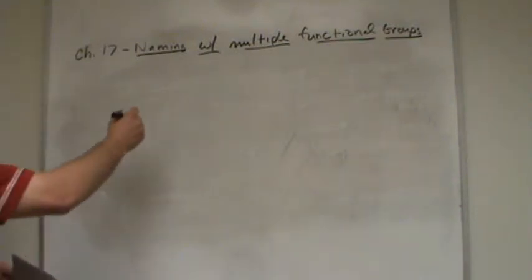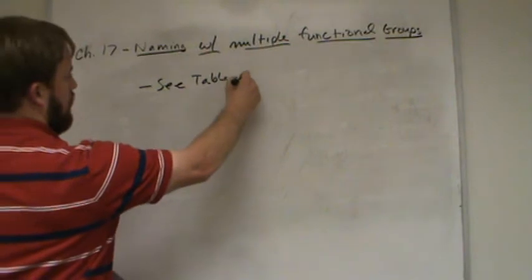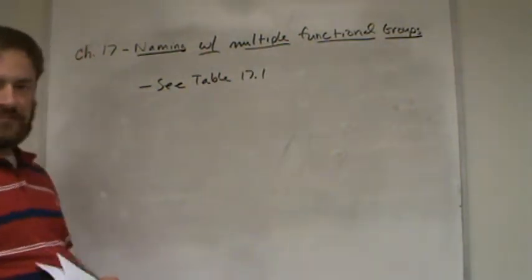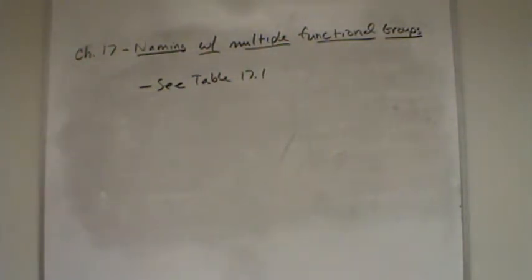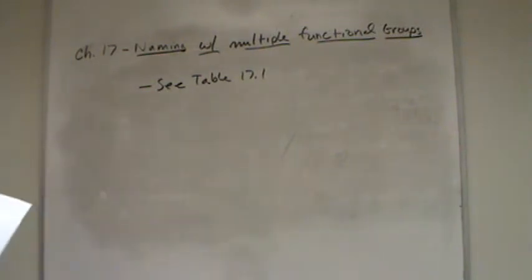You need to see table 17.1. It lists the functional groups in order of priority, so the highest priority to the lowest. You need to take a look at it. I'll try and remember to post it to Blackboard. You won't hurt my feelings if you help me remember to do that.